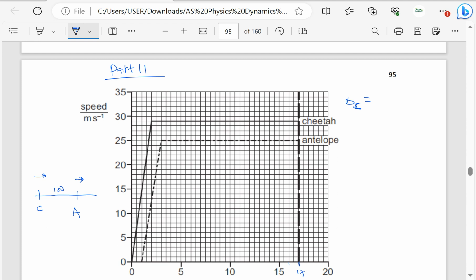This side is 15, this side is 17, and the vertical height is 29. The area of a trapezium is a half times A plus B times H.